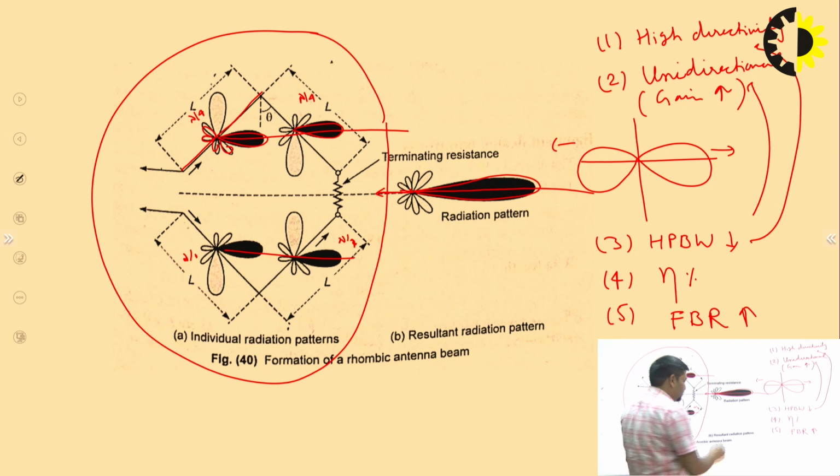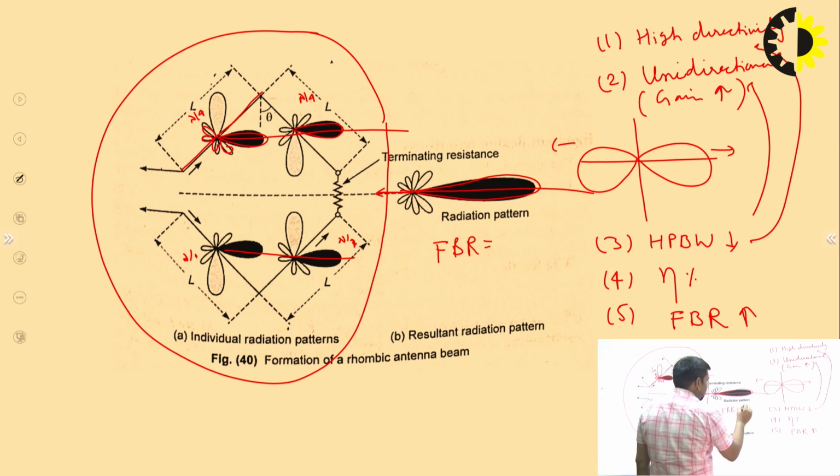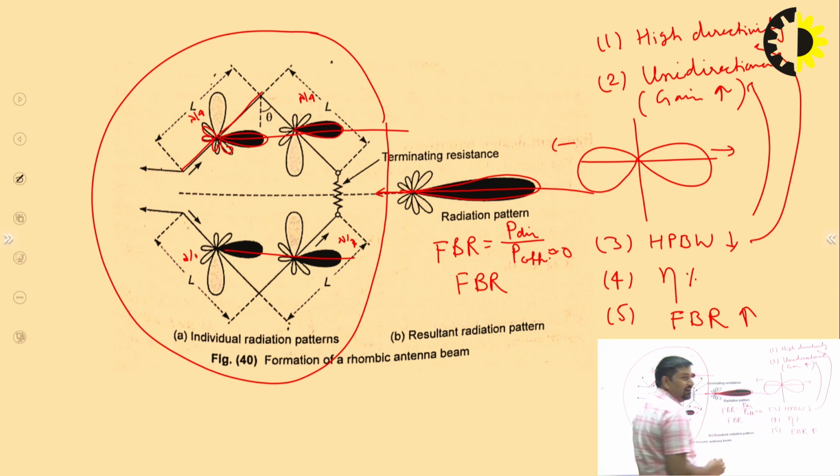So what is the FBR? FBR is the ratio of power in the directive direction to power in the opposite direction. The power in the opposite direction is very low or zero, so the FBR of a non-resonant antenna with a unidirectional pattern is high.